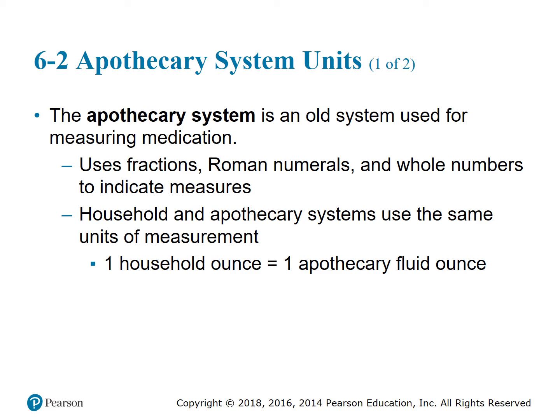Household and apothecary systems use the same units of measure. So in other words, a household ounce is equal to an apothecary fluid ounce. So in Unit 11, again, we will revisit apothecary units.